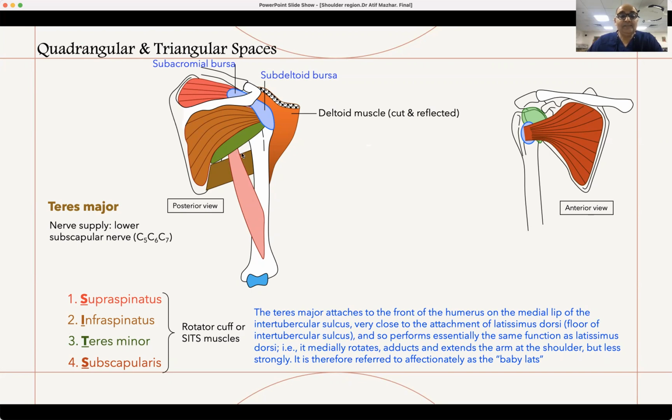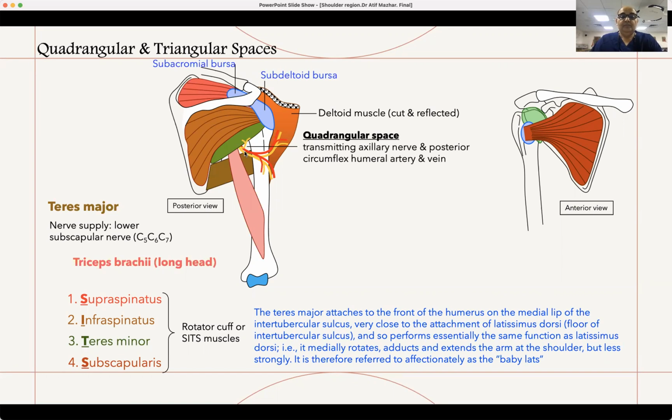Guys, you are expected to be good with the boundaries. Who's medially, who's laterally, who's inferiorly, who's superiorly. And same goes with these triangular spaces. And plus, what are their contents? So from my quadrangular space, who lives here? It transmits my axillary nerve and posterior circumflex humeral artery and vein. And then this one, upper triangular space, what is coming out from here?